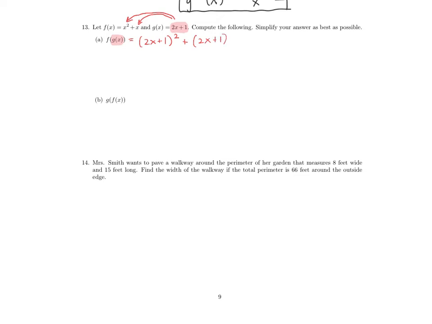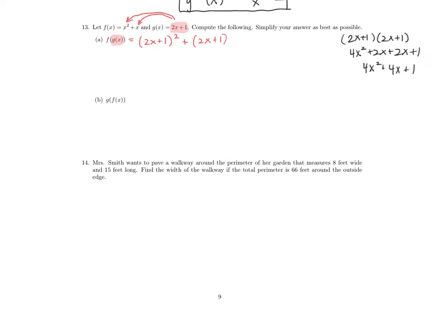All right, so I'm going to have to do some scratch work here. 2x plus 1 squared. So let's go over here. That means 2x plus 1 times 2x plus 1. That's going to give us 4x squared plus 2x plus 2x plus 1. So that would be 4x squared plus 4x plus 1.